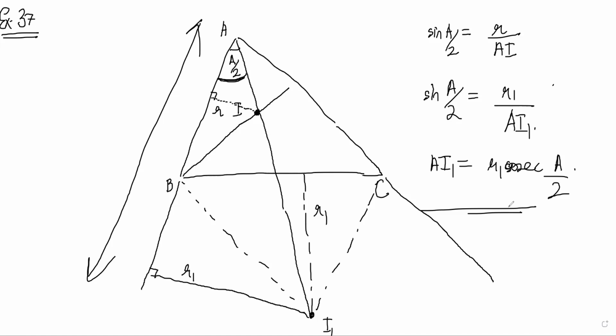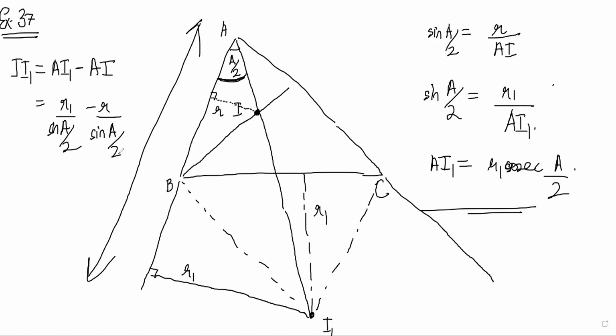Fourth one, II1 now. How will you find II1? Suppose you know AI1 and you know AI. Obviously, II1 is equal to AI1 minus AI. Correct. So you have r1 by sine A by 2 minus r by sine A by 2, right?